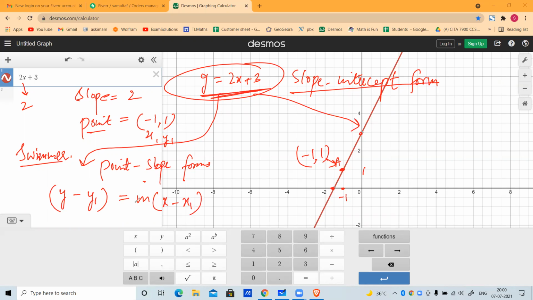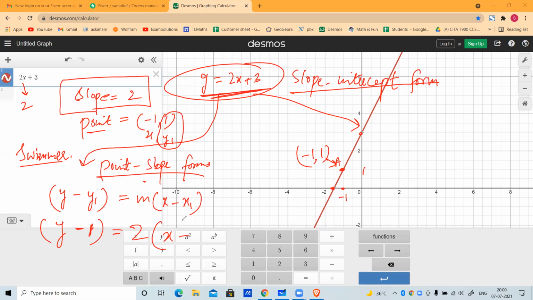This is the general form of point slope form. So I can plug in the values of y1 and x1. Y minus y1, and y1 is 1, you can see it here, is equal to m, which is 2, it's already given, 2 times x minus x1, which is -1.